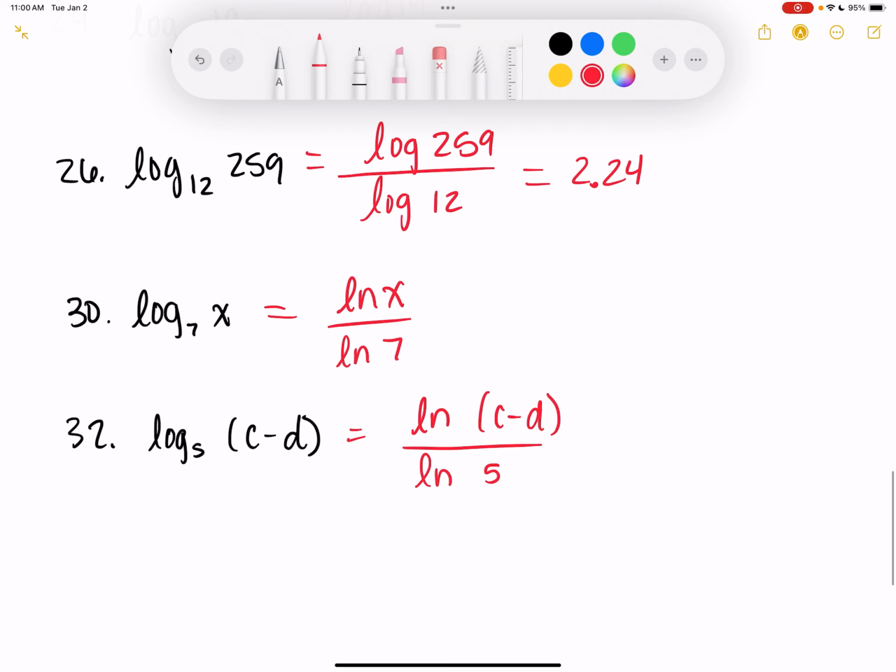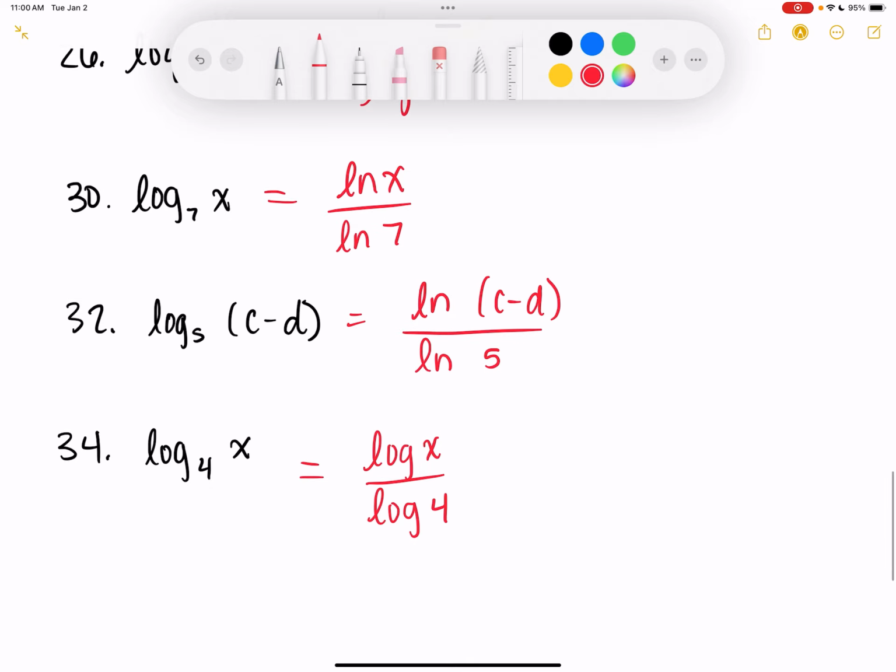Same exact thing, but with common log, so just log base 10. 34, log base 4 of x. How would I write this one then, using common logs? Log of x over log of 4.